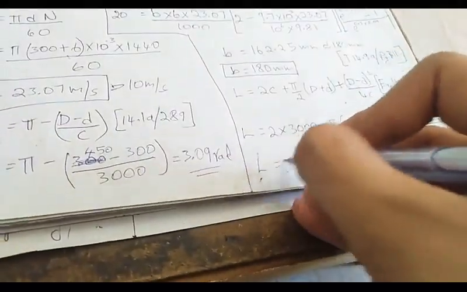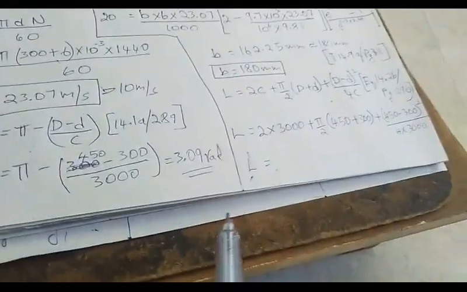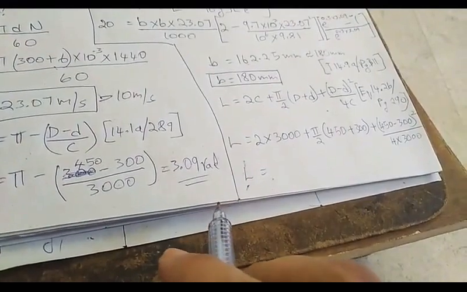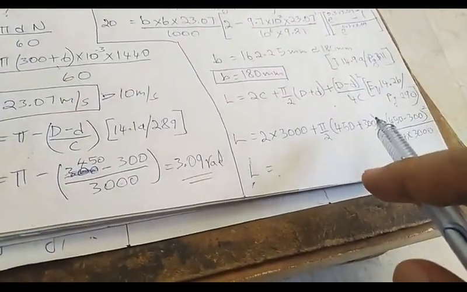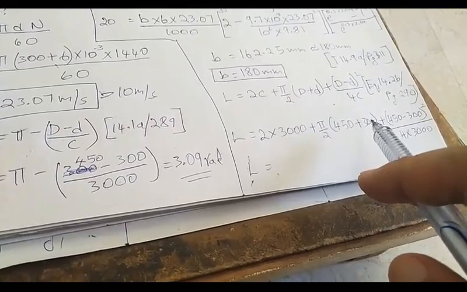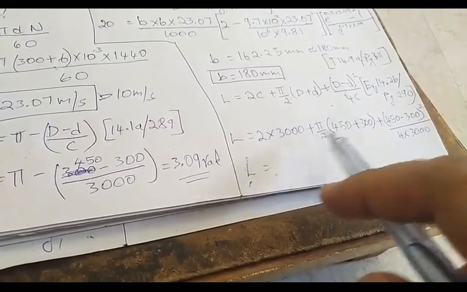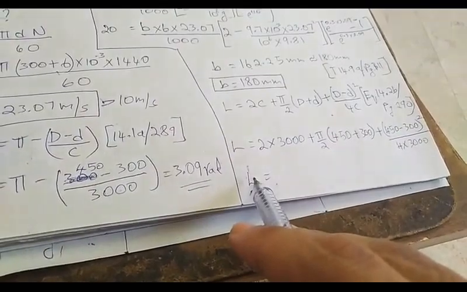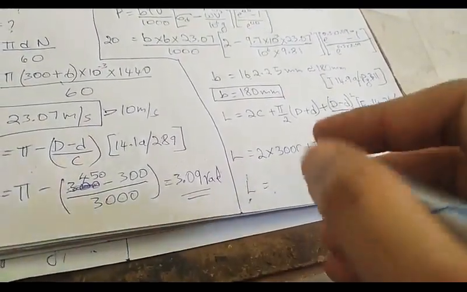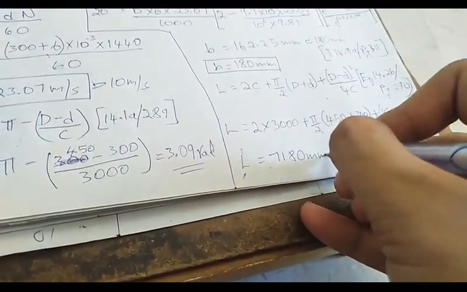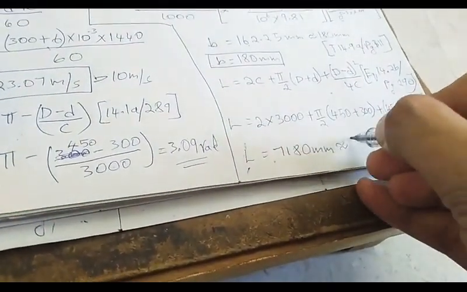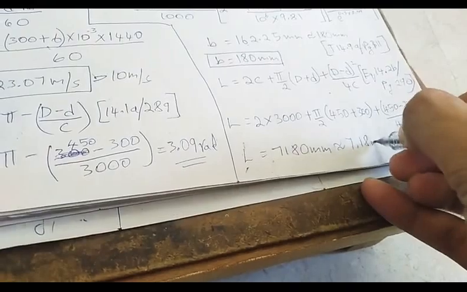So the length of belt is 7180 mm, or we shall keep it in meters, 7.18 meters.